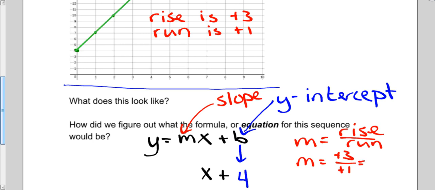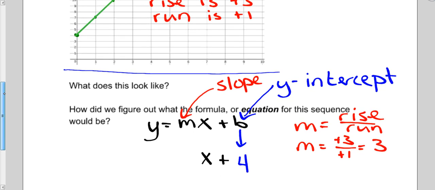And this is the same thing as 3 divided by 1, which is 3. So I'm going to replace the m here with 3. And now we have a formula for this sequence.